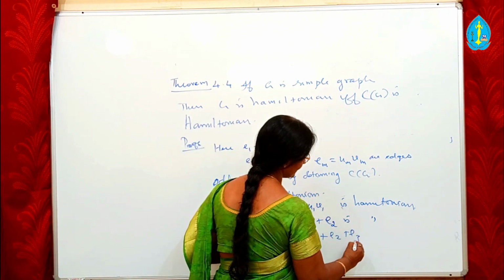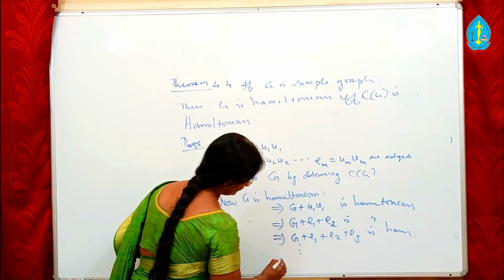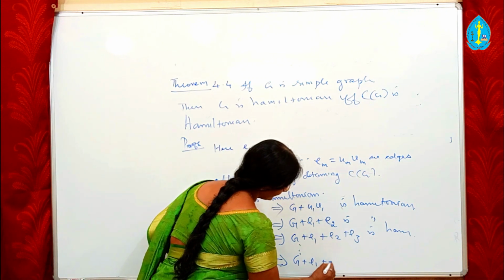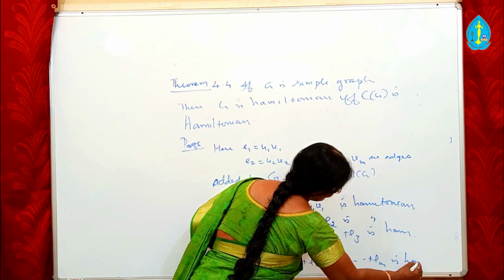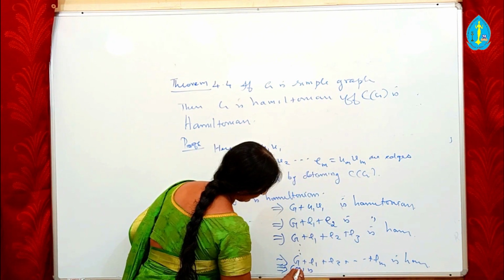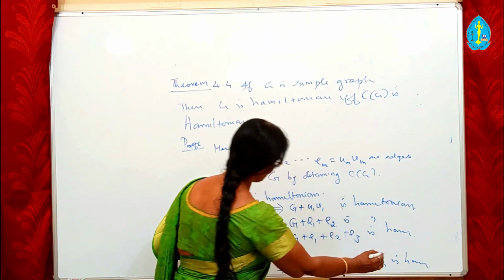Then we add one more edge E3, which is also Hamiltonian. Proceeding like this, G plus E1, E2, etc., Em is Hamiltonian. That is, C of G is Hamiltonian.